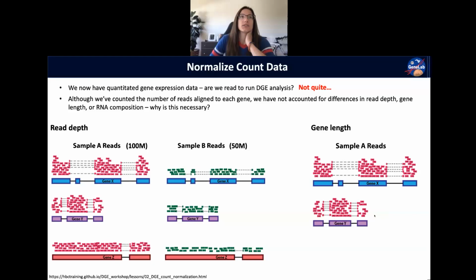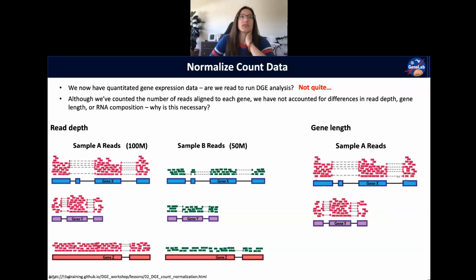No, yeah, for sure, we don't actually need to, because it's like having the same error or same issue in everything equally. It falls off when you're doing comparisons. If we were to normalize for gene length for gene X, let's take the number of reads and divide it by the gene length.